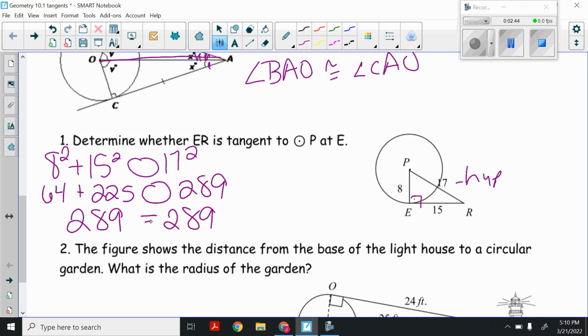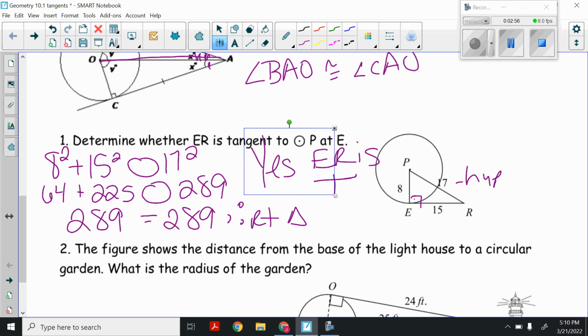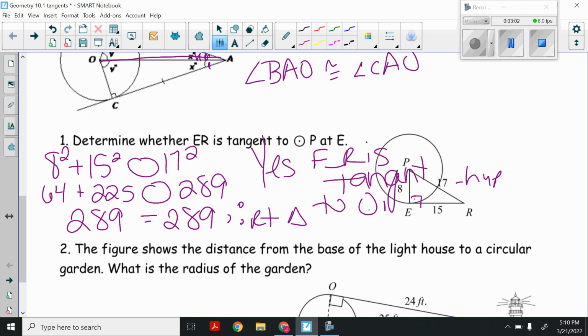So they are equal. Therefore, this is a right triangle, which means that's a right angle. So now we could say, yes, ER is tangent to circle P at point E.